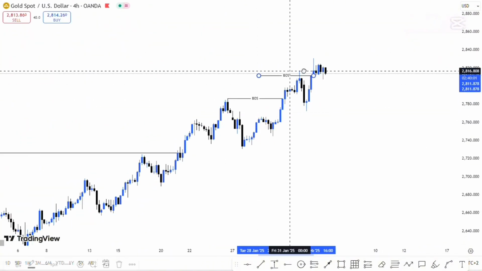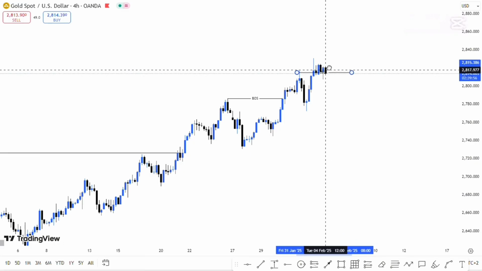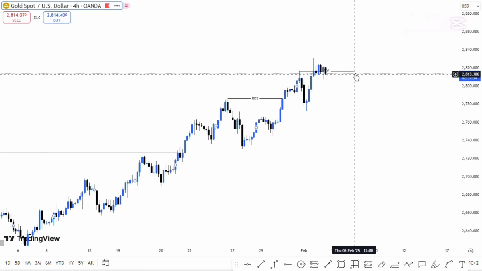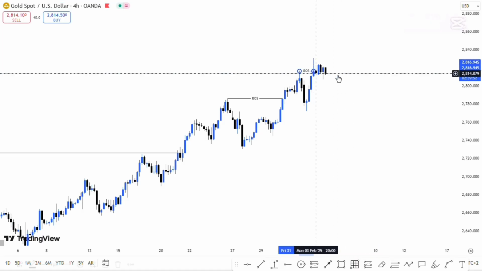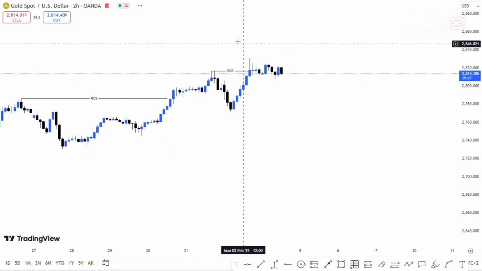Looking at this, we have another break of structure to the upside. Moving down to the 2-hour time frame.